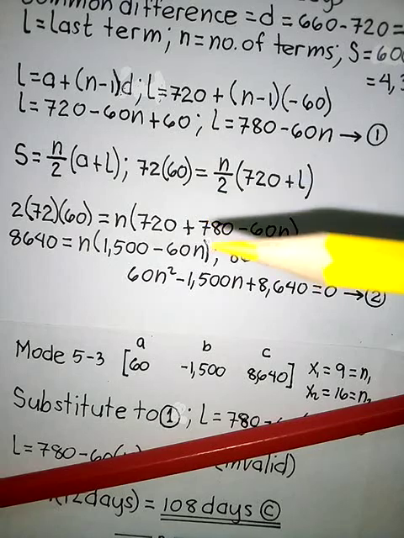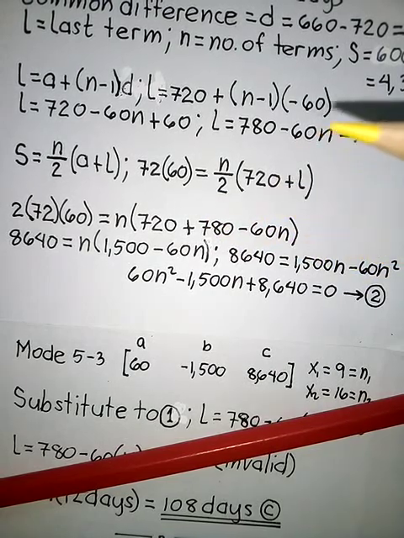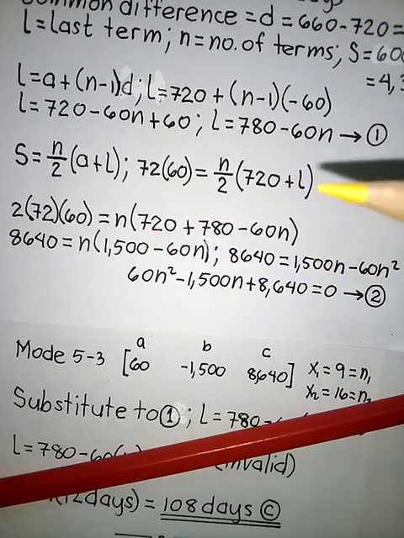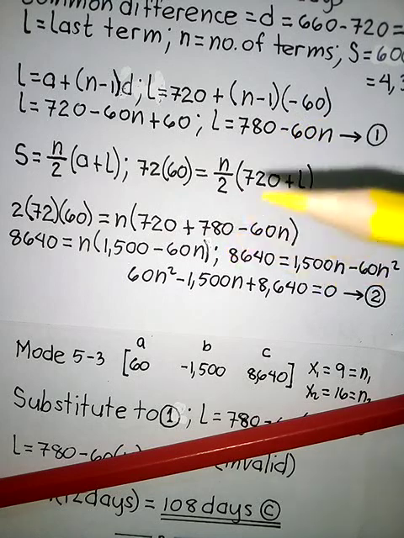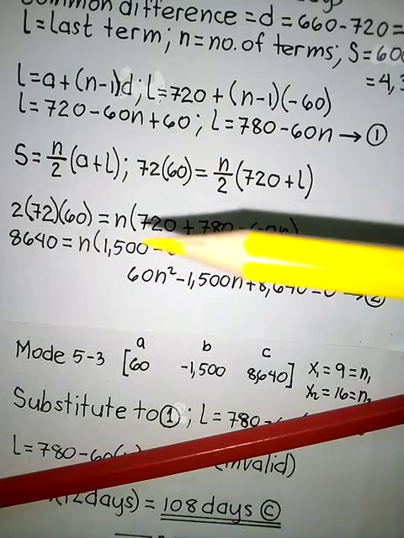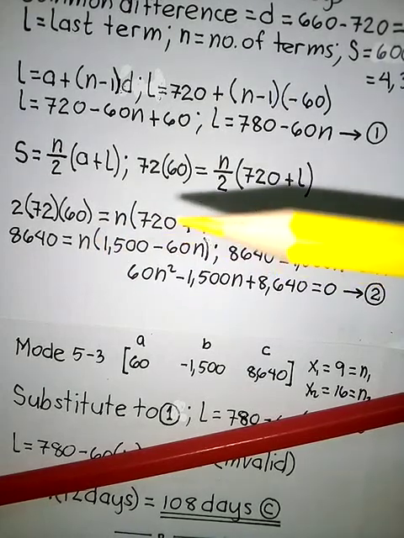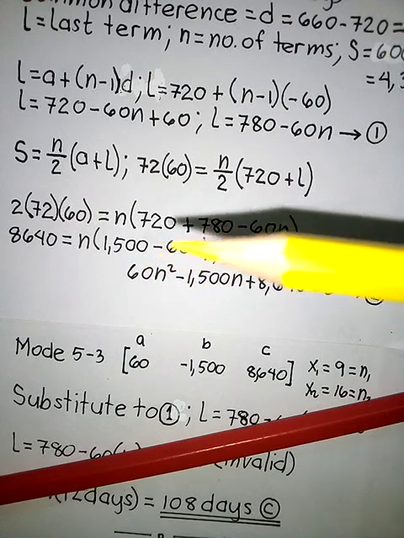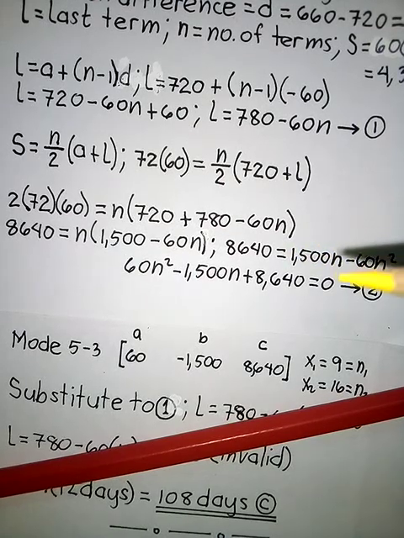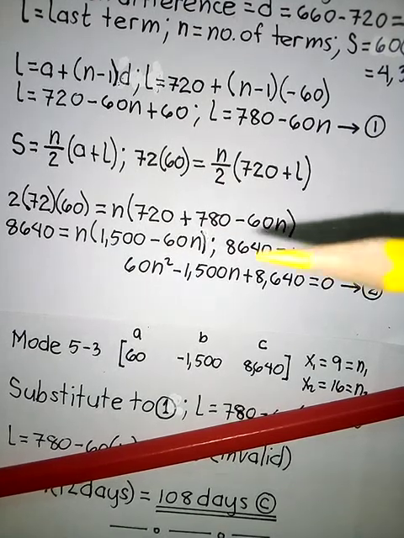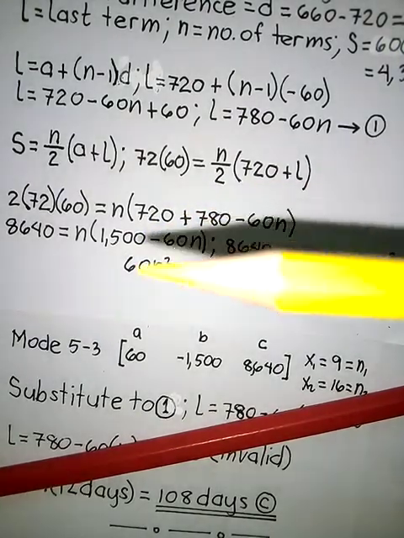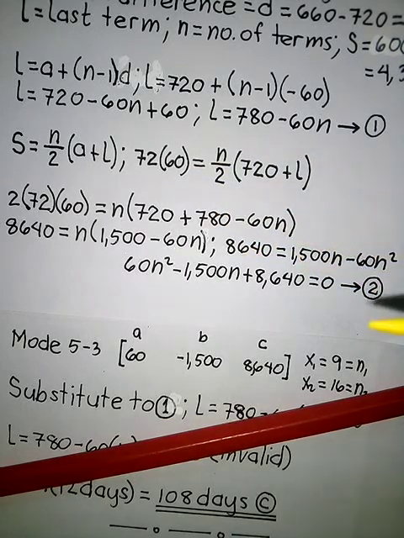Here we have substituted the value of the last term from equation 1: 720 plus the last term is 780 minus 60n. So 8,640 is equal to n times 1,500 minus 60n, which gives 1,500n minus 60n squared.